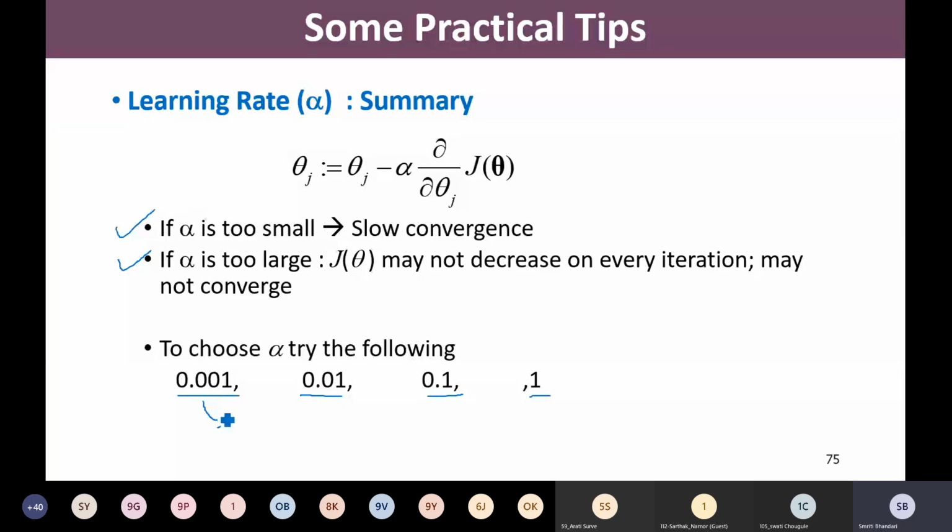We just multiply the earlier learning rate by 3, right? So we may come up with say 0.003, 3 times this, and we may once again implement. After that, whatever my learning rate is right now, 0.003, let us multiply it by 3. So approximately it comes out to be 0.01 and so on. And this is how we may proceed.